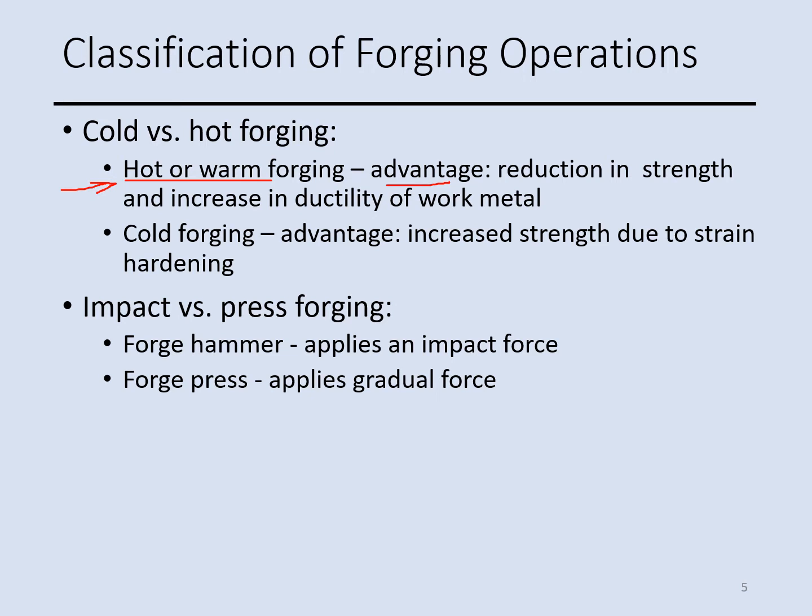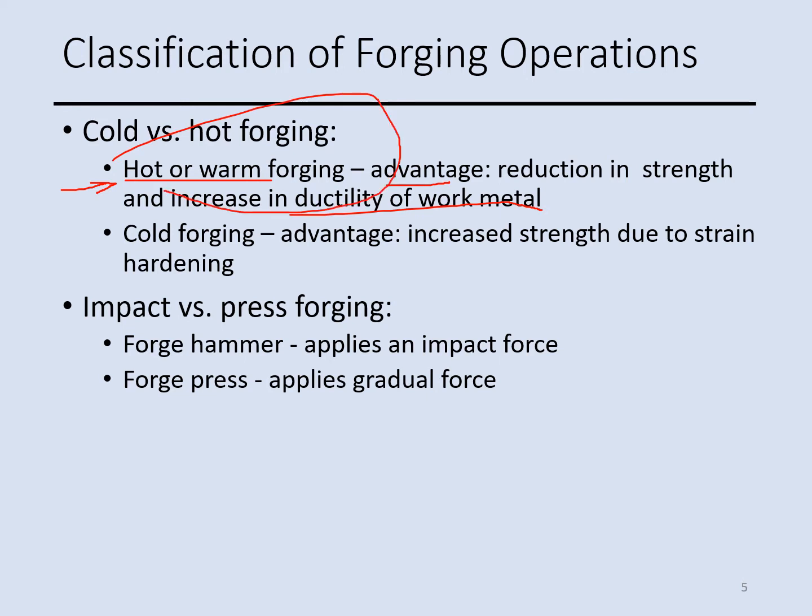The strength of the part is going to be lower, so you will need lower load for the process. Also, the ductility of the work metal is going to be higher, so the chance of failure during the process is going to be less if we perform the process at higher temperature.